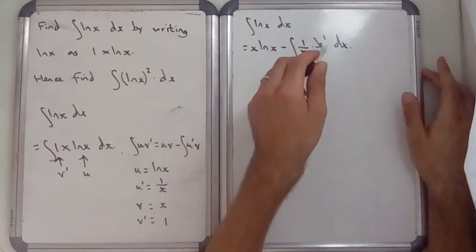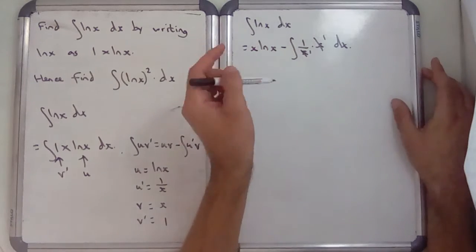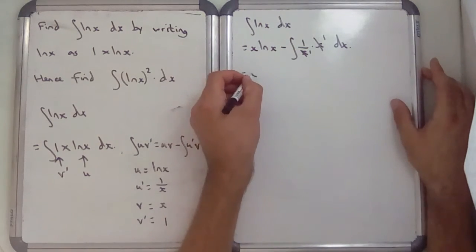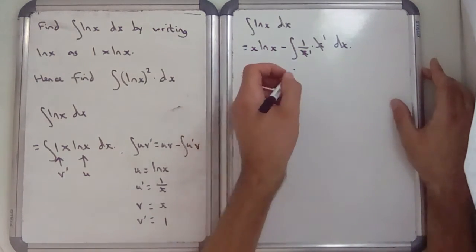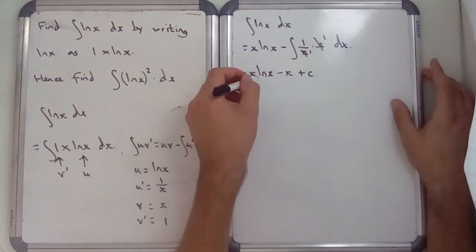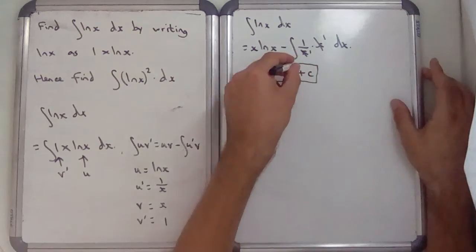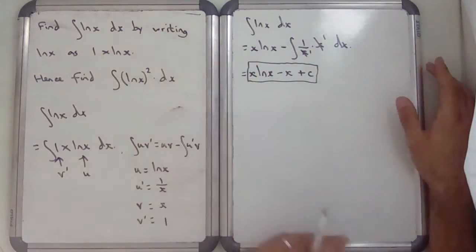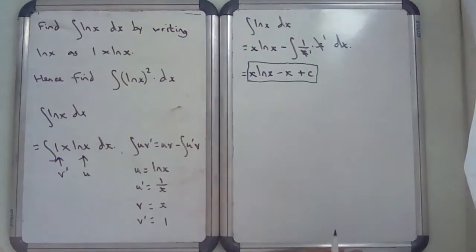So the integral of 1 with respect to x is x. So this equals x ln x minus x plus the constant of integration. So that is the first bit done. Remember, that's the integral of ln x, which we're going to use for the second bit, I imagine.